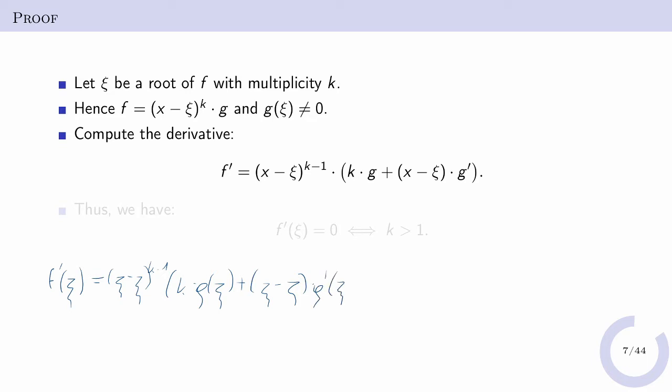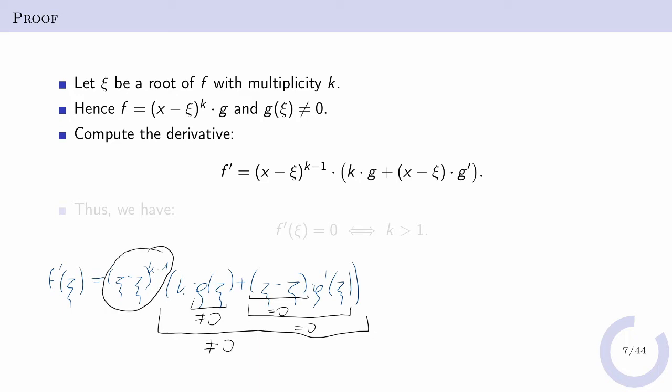We have no idea what g prime of xi is, but xi minus xi is definitely 0. So this stuff is 0. k is a constant, and by assumption, we know that g of xi is non-zero. So this is non-zero. So this whole parenthesis, this whole expression is non-zero. So all depends on this.